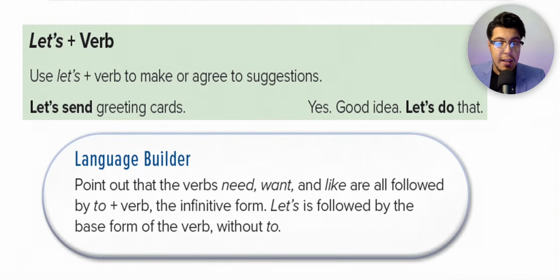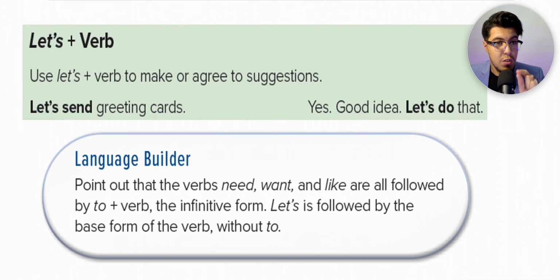Bear in mind that the verbs need, want, and like are all followed by the infinitive form of the verb, which is to plus the verb. And let's is followed by the base form of the verb without to.